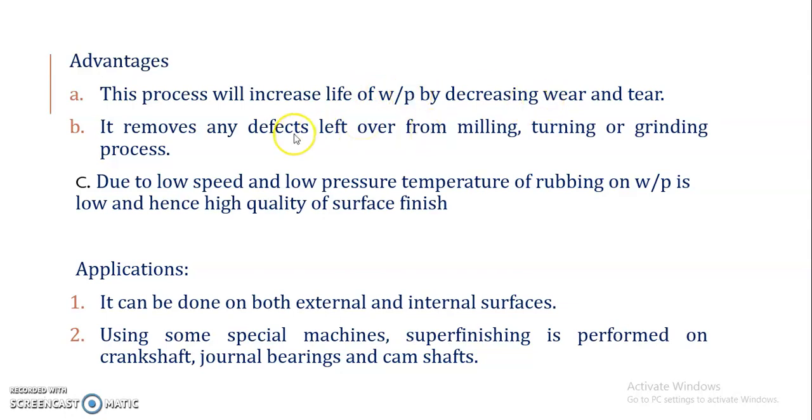It also removes any kind of defect which is left over from milling, turning or grinding processes. Even after carrying out these machining operations, a small amount of defects left over on the surface of the workpiece can also be removed with the help of this super finishing operation.